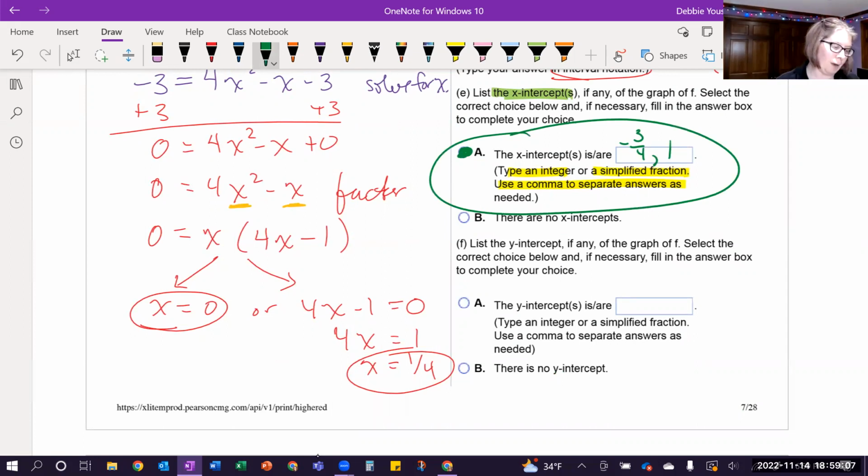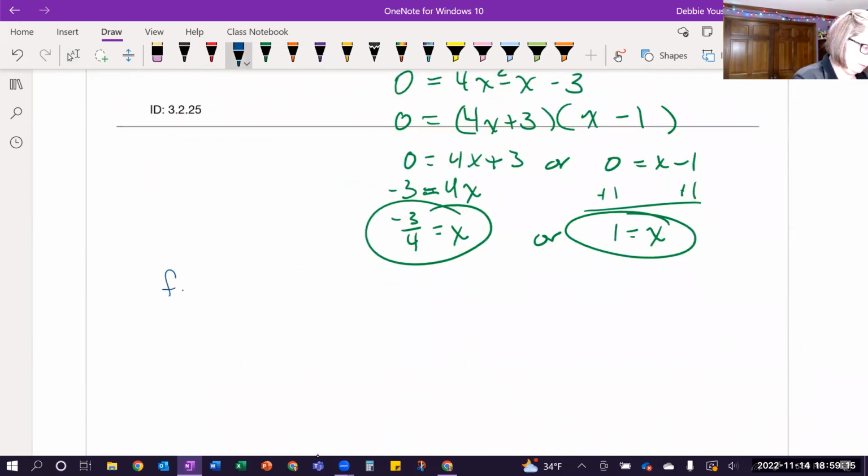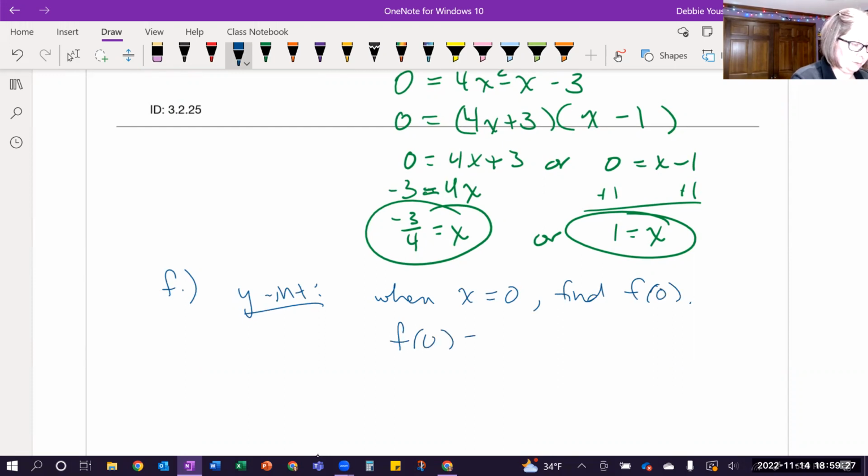Okay. Then for F, list the y-intercept, if any. So the y-intercept is when x equals 0, find f of 0. So f of 0 would be 4 times 0 squared minus 0 in place of x minus 3.